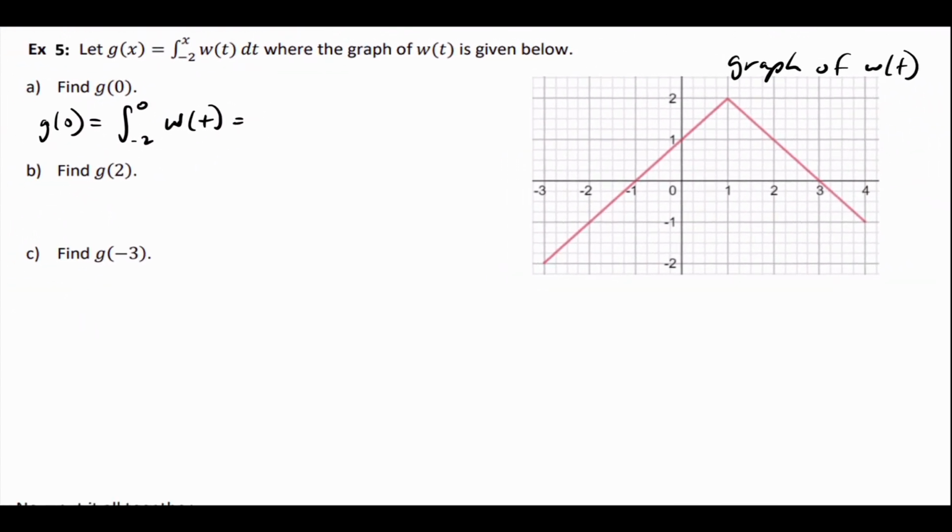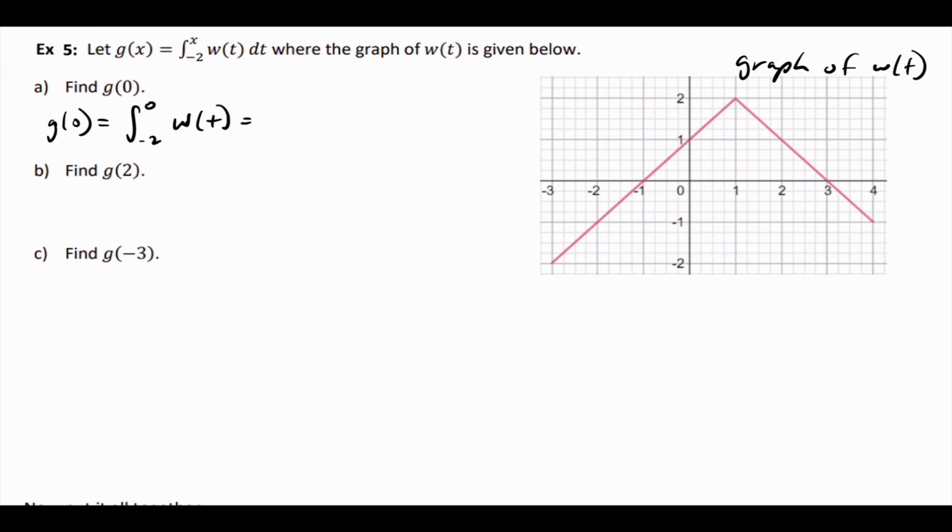What is the area under the curve from negative 2? So let's see. Negative 2 is here. 0 is here. So the area under the curve would be here and here. That's what it's asking you to do. Find the area of those two triangles.